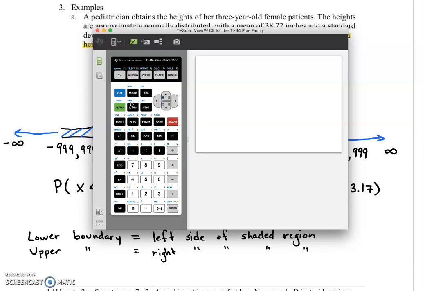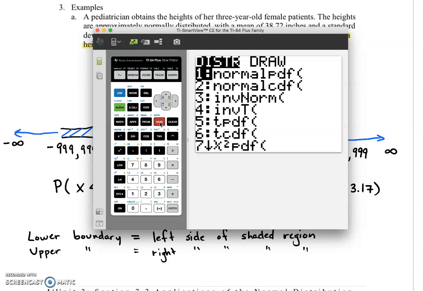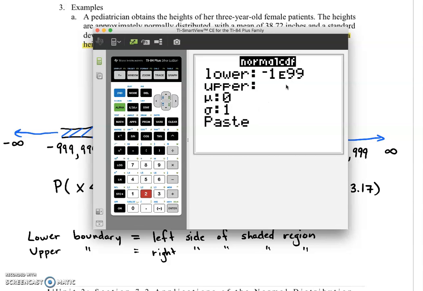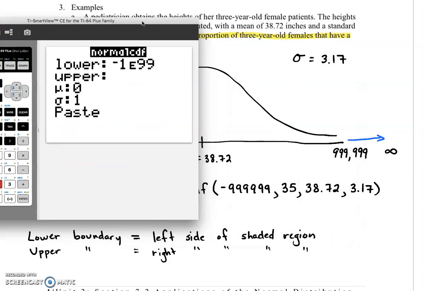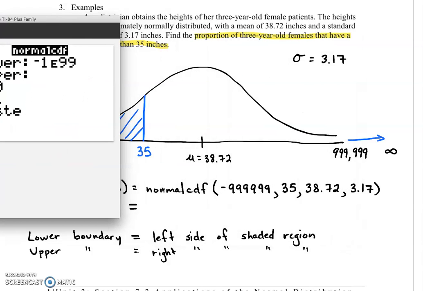So if you go to second and then VARS, and you see we're already in the distribution menu, so we want option number 2. So you can either just push the 2 button or you can arrow down, either way. Now, your calculator should do this. If it does not, then put the numbers in just like I've written here with commas between them.